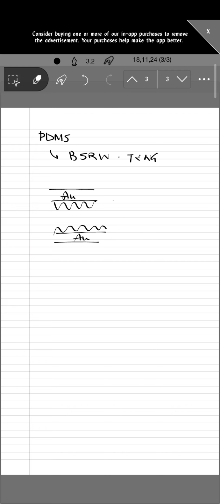However, this elastic resin and this PDMS, they are incorporated with carbon nanotubes. So this carbon nanotube may be engraved using a CO2 laser.